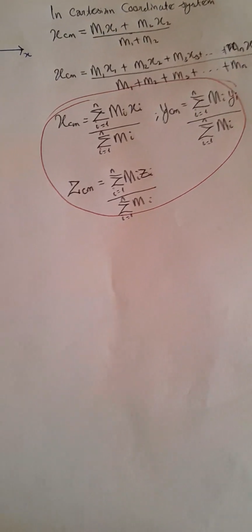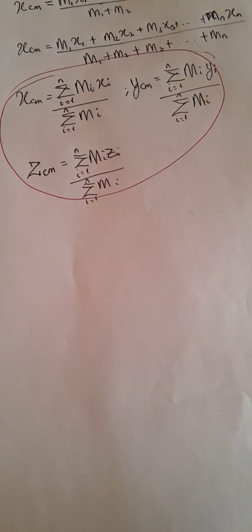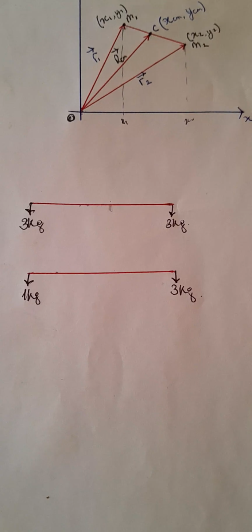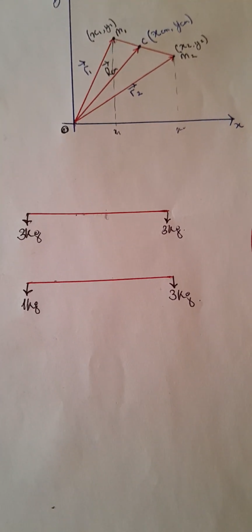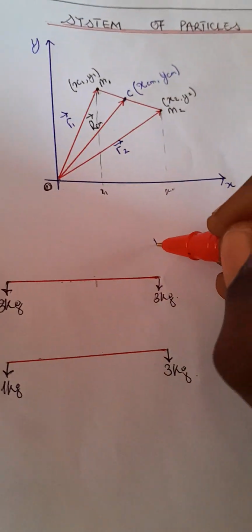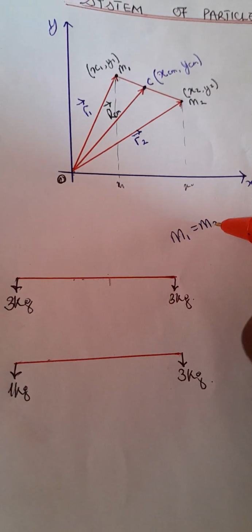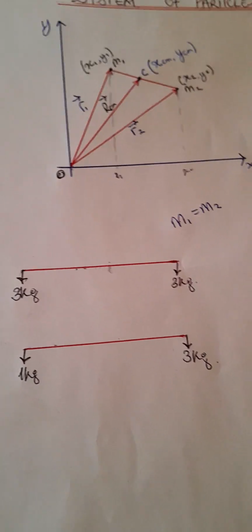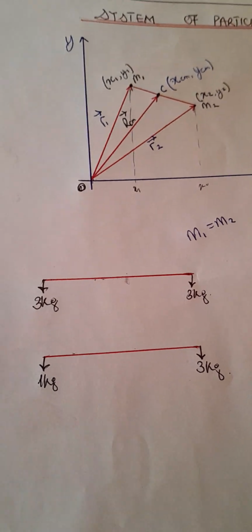Okay, let me just chip in something. Suppose m1 and m2 are equal. What will happen? Let me try and explain that. Right, let's assume m1 equal m2. Now, just imagine this, let's say a ruler or a beam or a meter rule, and then we are asked to find the center.